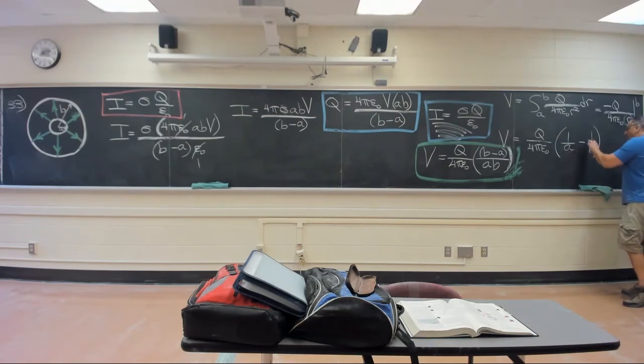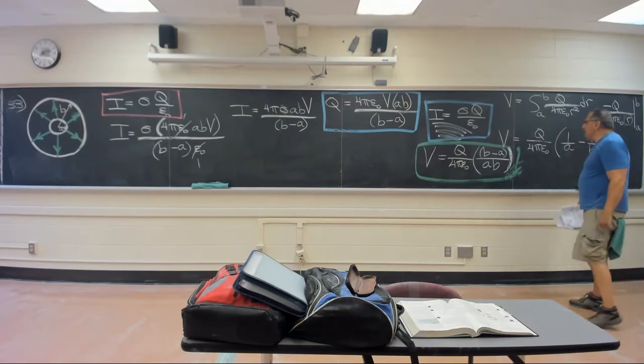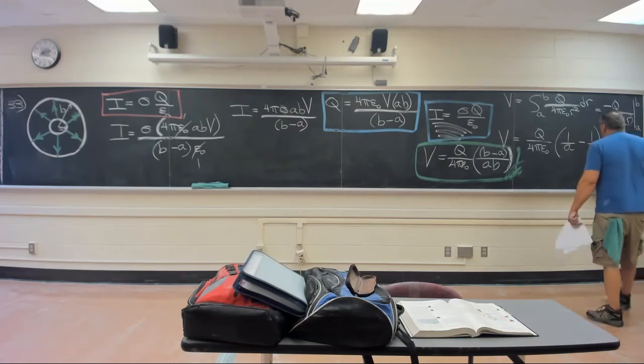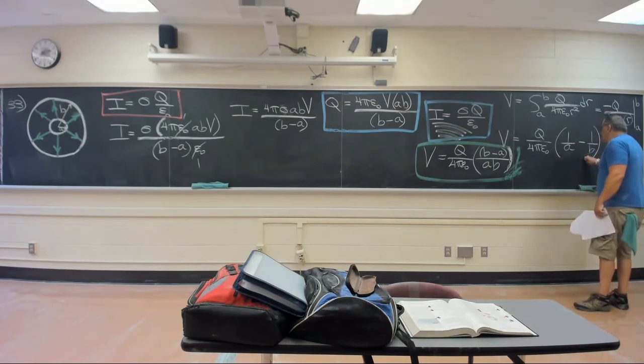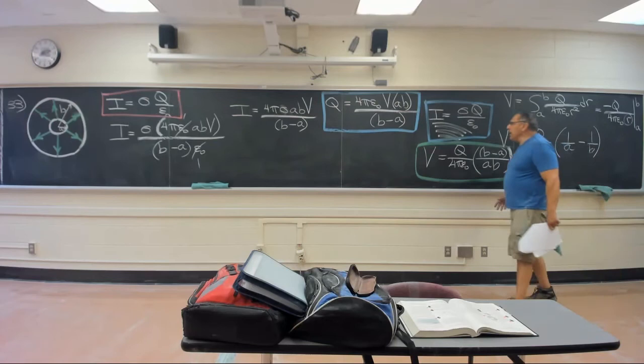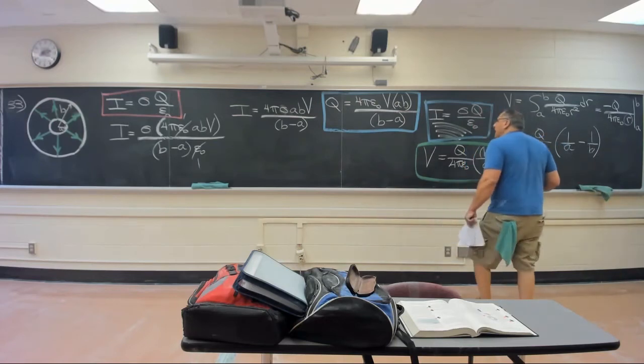But 1 over A, 1 over B, for a potential to do work, there's more work that's going to be done if they're further apart. And if they're further apart, the answer that you're going to get is going to be a bigger answer. If they're close together, it's a smaller potential.